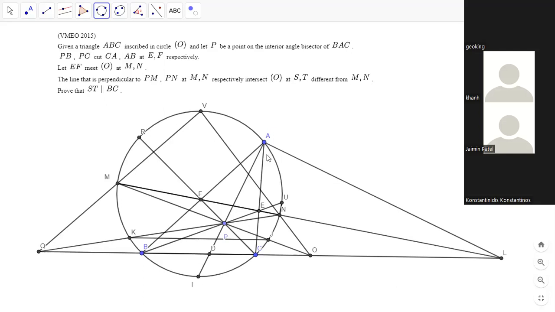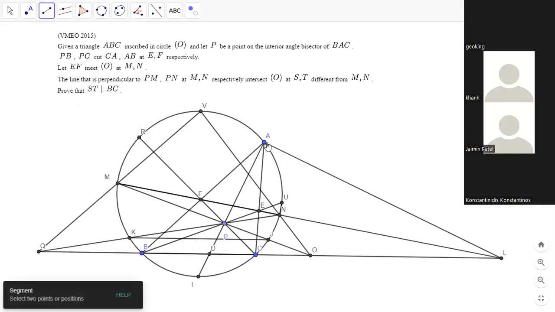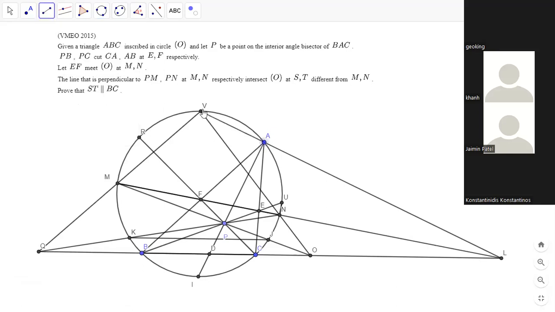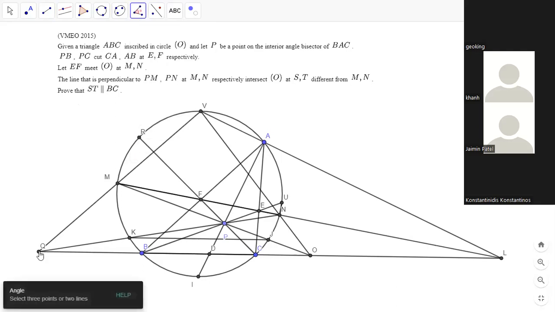Yeah, I guess we want to use the fact that angle DAL, so I should draw this. This angle QVO is 90 degrees.